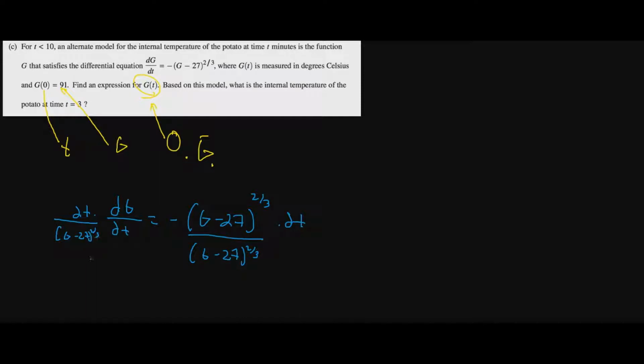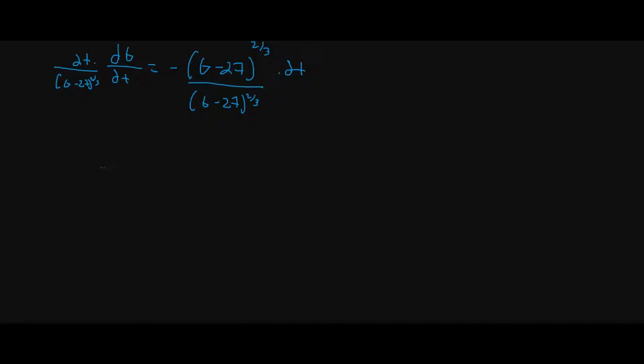We just want to separate the variables correctly. All right, let's go ahead and go through. Let me write this down a little more nicely: 1 over (g minus 27) raised to the 2/3 dg is equal to negative dt.